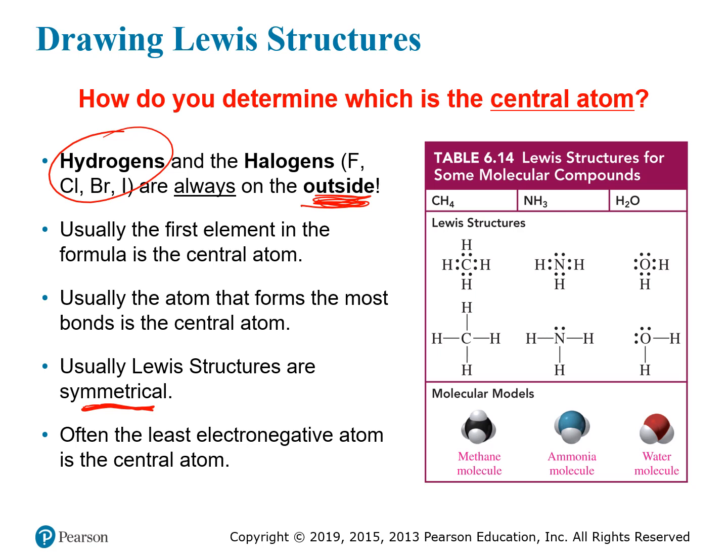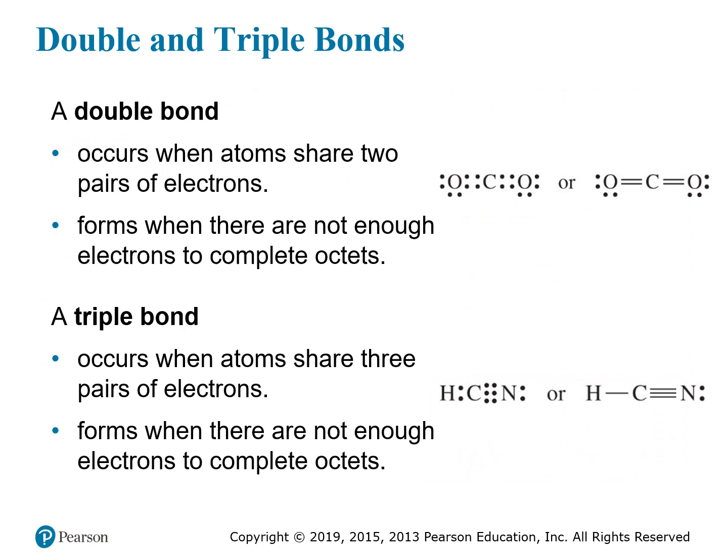The halogens are some of the most electronegative elements, and they all form single bonds, so they tend to be on the outside. So I think this is really just a consequence of some of the other rules, but I wanted to mention it because you do see it written in some places. It's not really the most helpful. We haven't talked too much about electronegativity yet. I've mentioned it a couple times, but we'll get more into that later on.